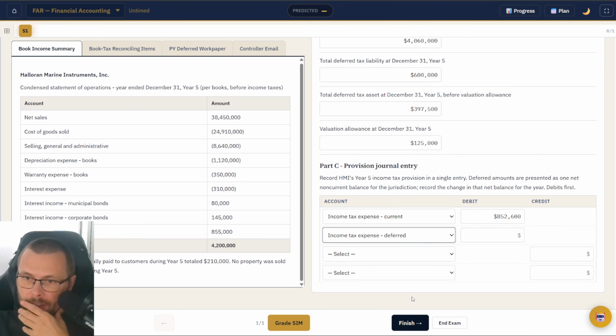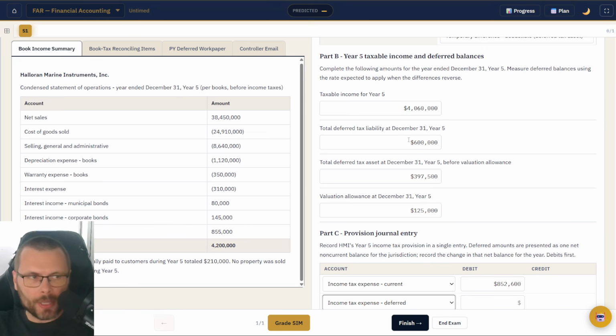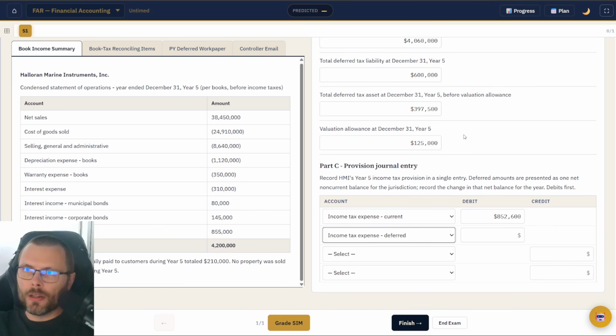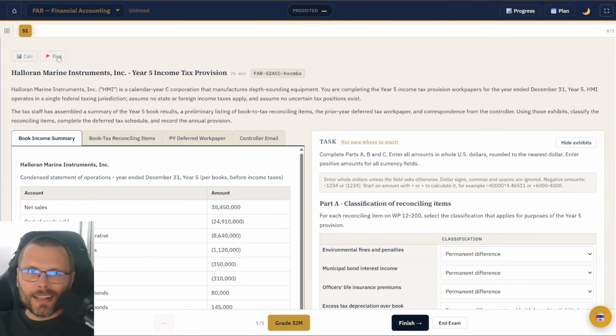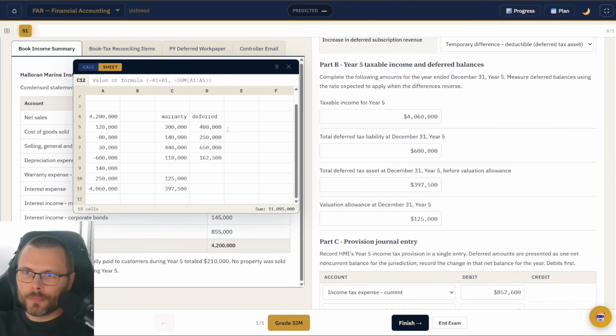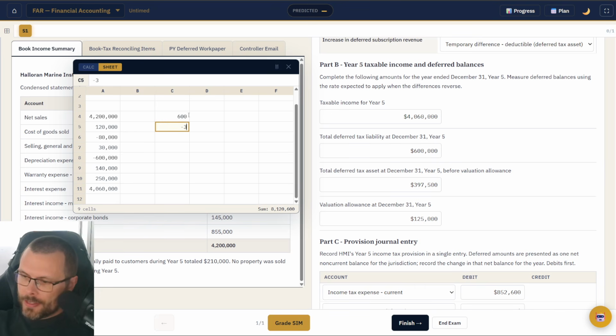And we also want the income tax expense deferred. This one, so take the liability, back out the asset to get the net, add back the valuation, the 125. Actually, probably need the calculator for this one. So you've got the 600 minus the 397,500 asset, and then add back the 125 allowance.